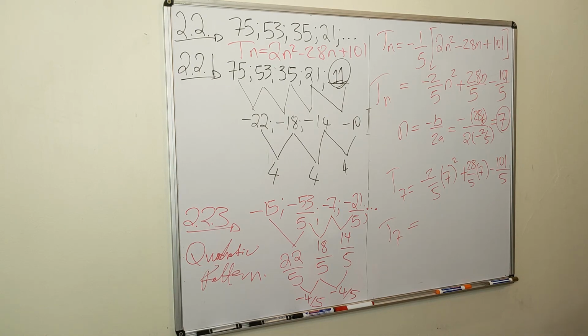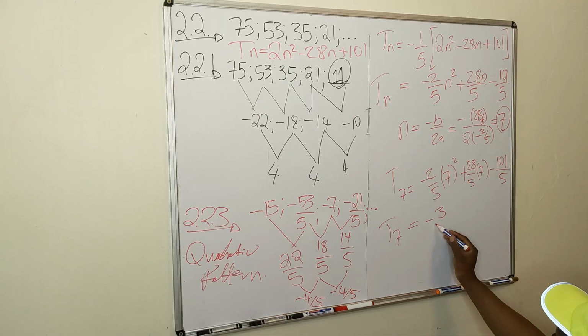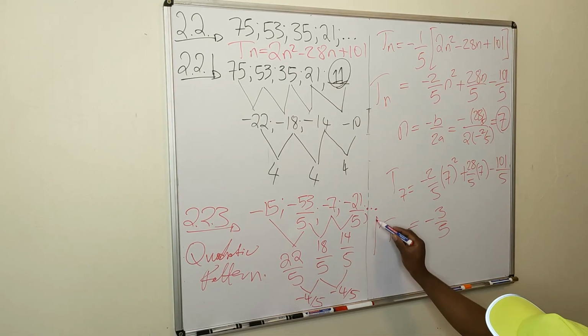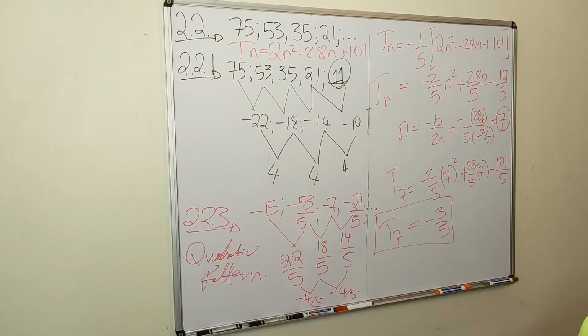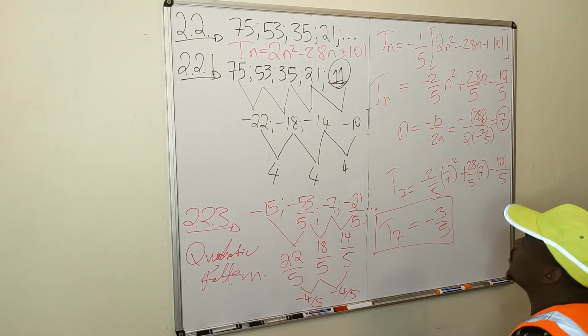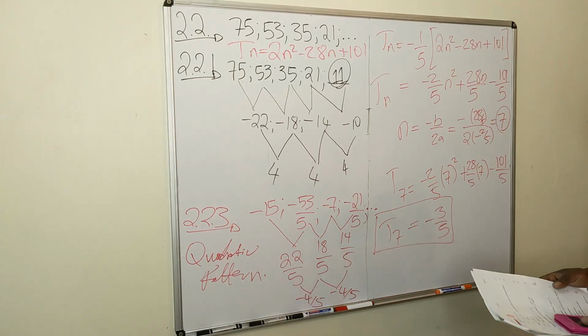So your answer is -3/5. So this -3/5 is T number 7, and it is the maximum term of the sequence. And we're done here. I hope this is clear.